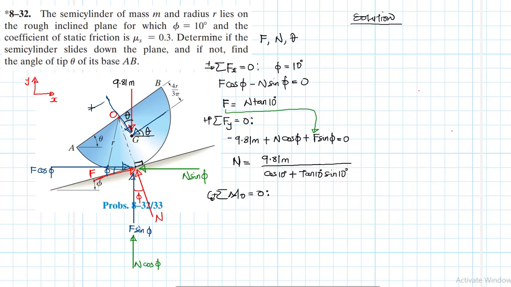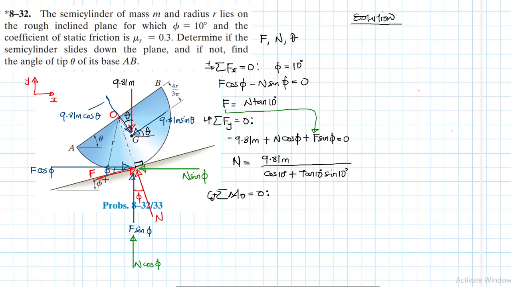So this one here is 9.81 m cos theta, and this one is 9.81 m sine theta. All right, so let's take moments about point O. The one going through point O and the normal force will not have an effect. We'll only consider one.